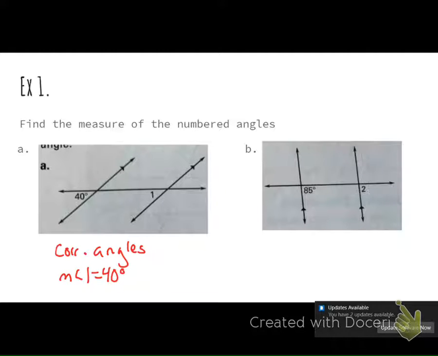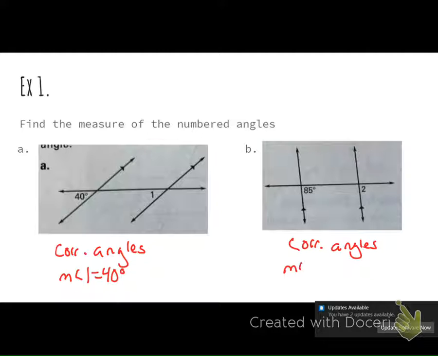Okay, so what's the relationship of 85 and angle 2? They're both corresponding. And we know that corresponding angles are congruent.